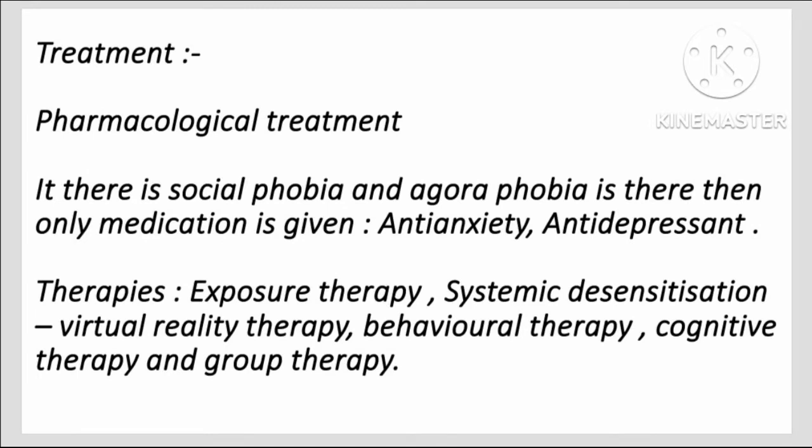Treatment: in pharmacological treatment, for social phobia and agoraphobia, only medication is given. Anti-anxiety and antidepressant drugs are given. Therapies: exposure therapy, systematic desensitization, in that virtual reality therapy, behavioral therapy, cognitive therapy and group therapy.